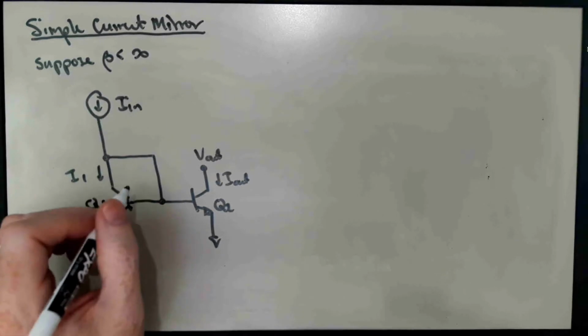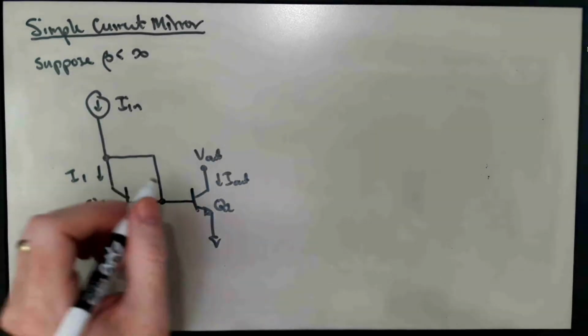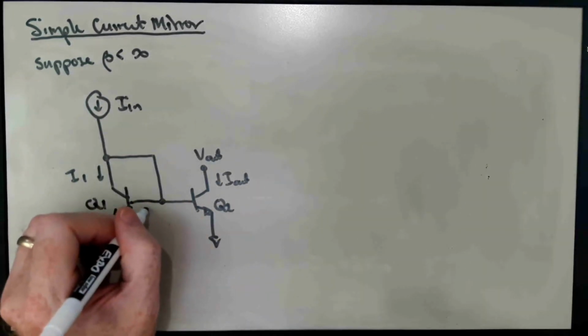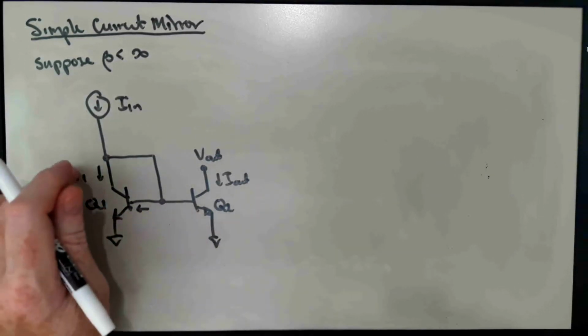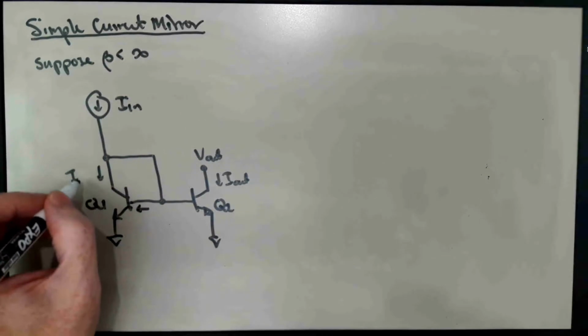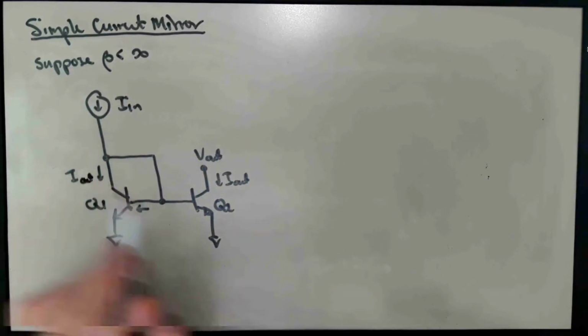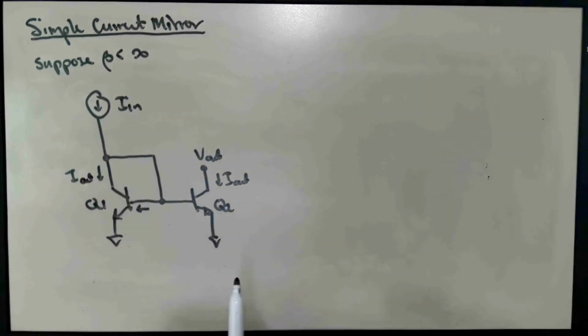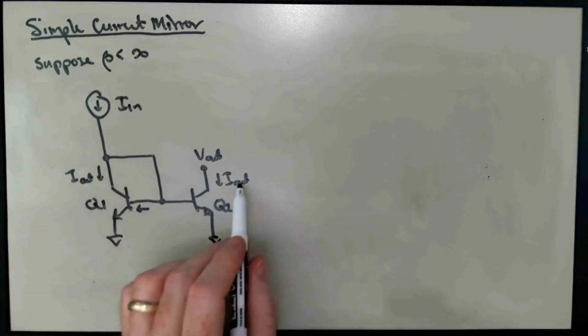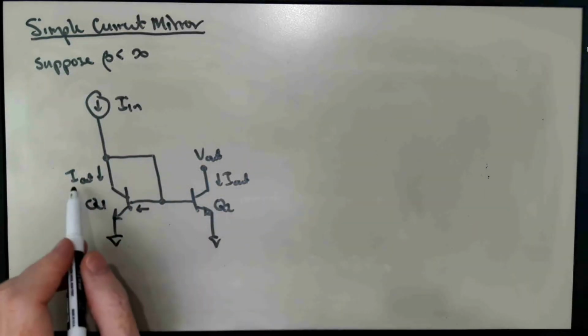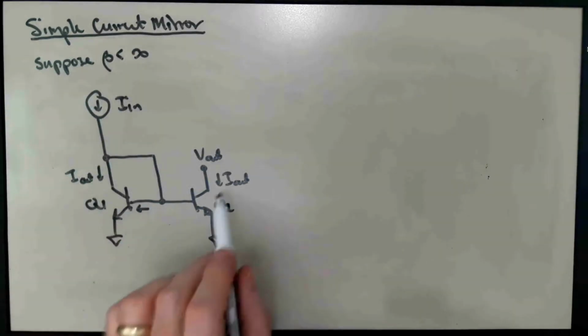With finite base current, I'm going to say that this is actually I out, right? Because the 2 collector currents here are what actually match. So when Q1 is matched to Q2, it's the collector currents that are the same. So I'm going to draw this collector current as I out, and this one is I out.